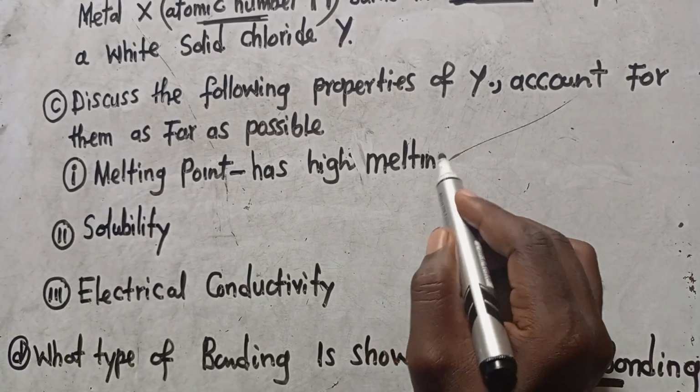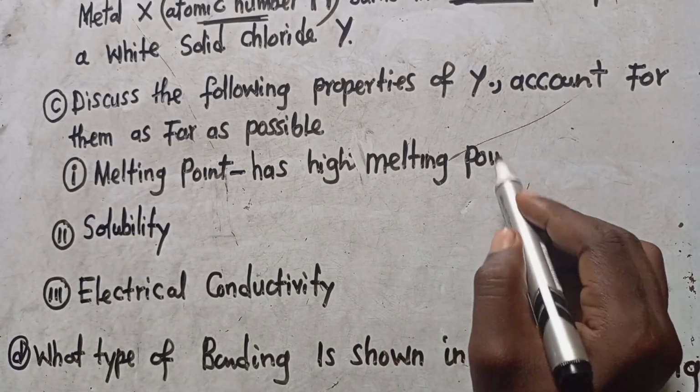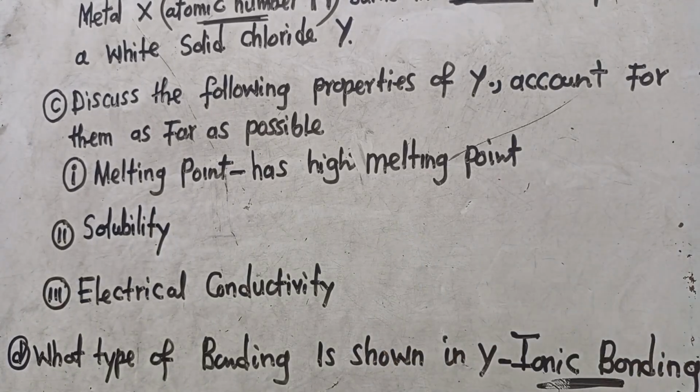It has a high melting point because the ionic bond between the metal Y and the chloride ions requires a large amount of energy to break. So for you to break these, you need a high amount of energy. So an ionic bond has a high melting point.